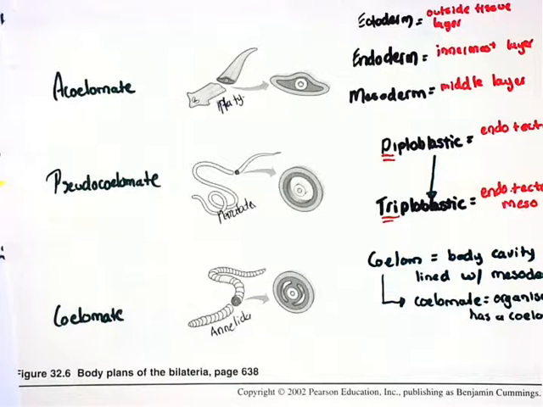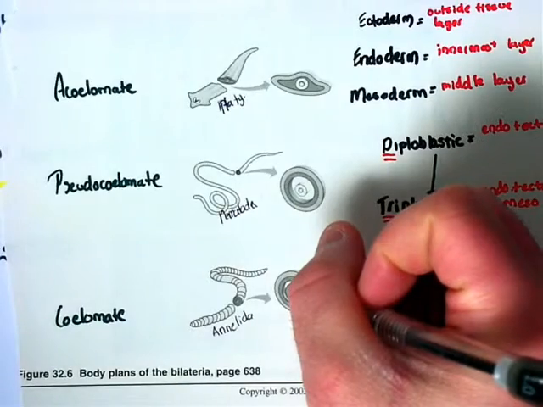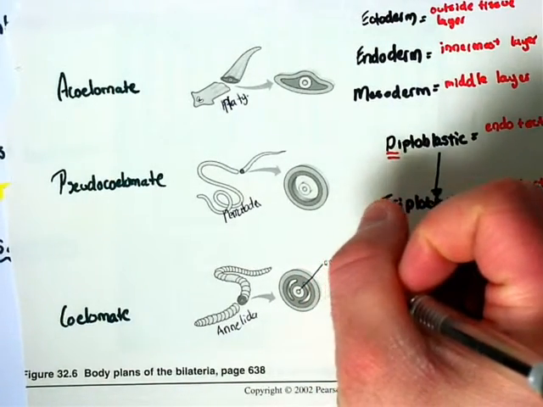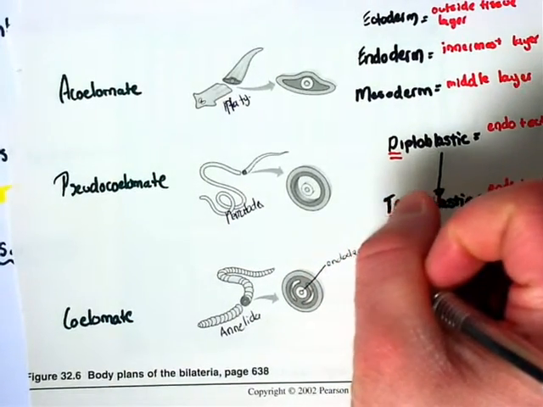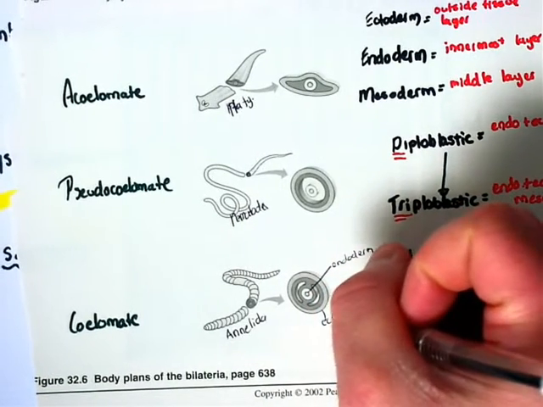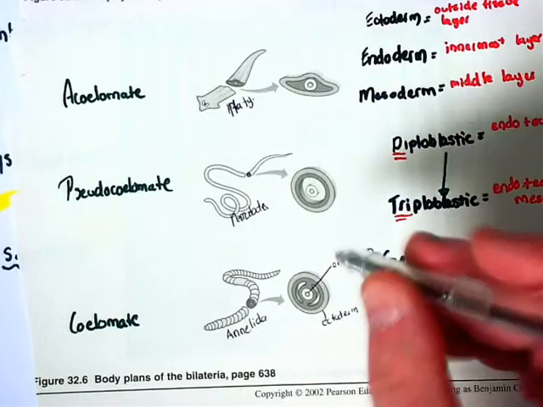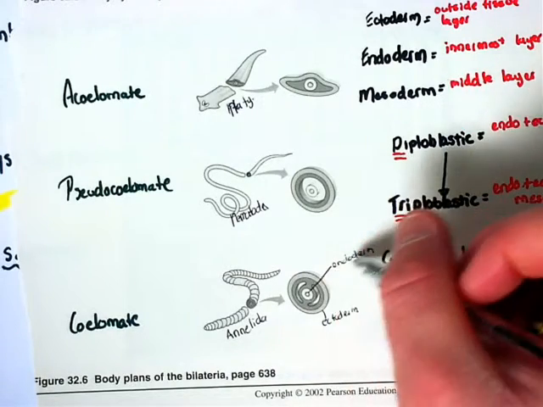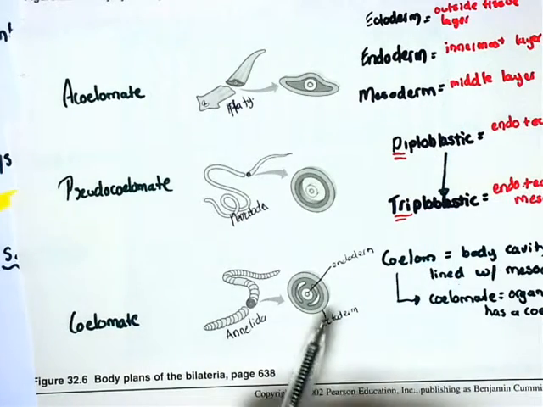Now, though it's a little difficult to see, I want to kind of go over some parts to this real quick. Right here in the middle, you have your endoderm. Out on the outside, you have your ectoderm. The endoderm is that light color in the middle.